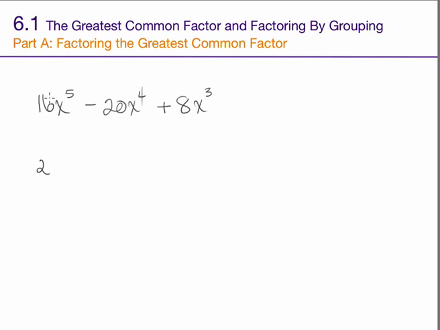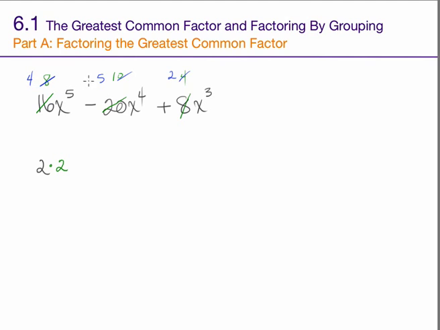And if I divide the 2 out, if I think of already having pulled out the 2, then that leaves me with only 8 to work with here, negative 10 to work with here, and 4 left here. But 2 goes into all of these as well. So another factor of 2 can be pulled out from each term. That leaves me with 4, 5, and 2.